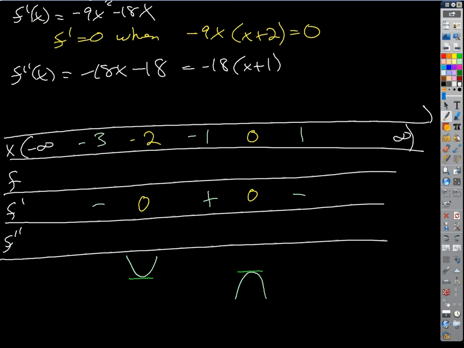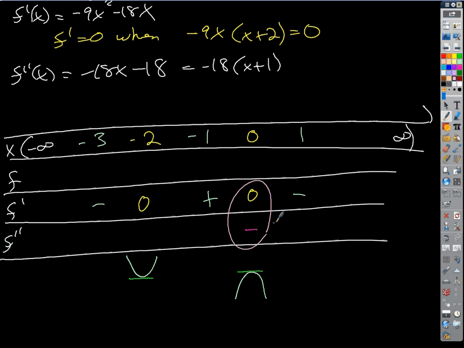So we had critical numbers at 0 and -2. What's the sign of the second derivative at 0? It's negative, isn't it? Okay, now think about that. Think about what happens if we add those two concepts together, right? So I've got a 0 first derivative and a negative second derivative.